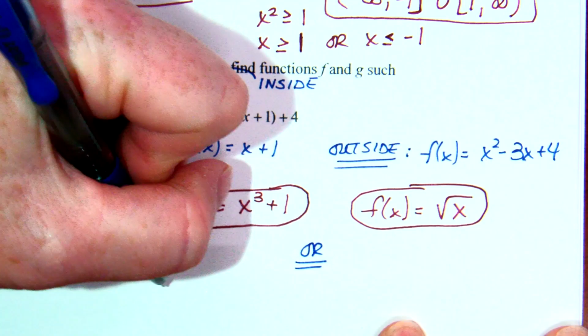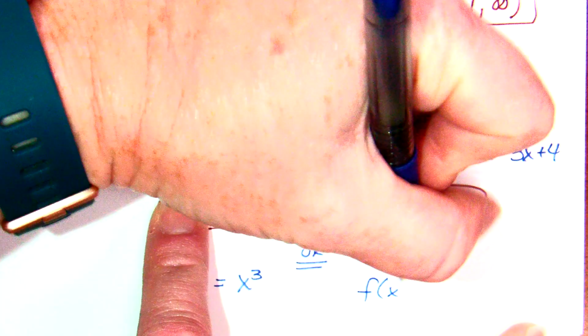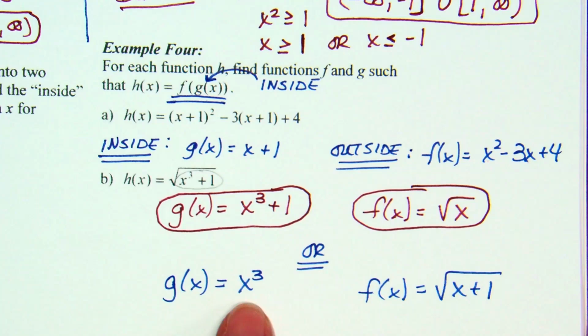Okay, so there is another option that works. What Ross, Jace, whoever, he took g of x to be just x cubed. If he took it to be just x cubed, that x cubed would have gone in place of an x. And then that means that f of x would be the square root of x plus 1. Does that work?